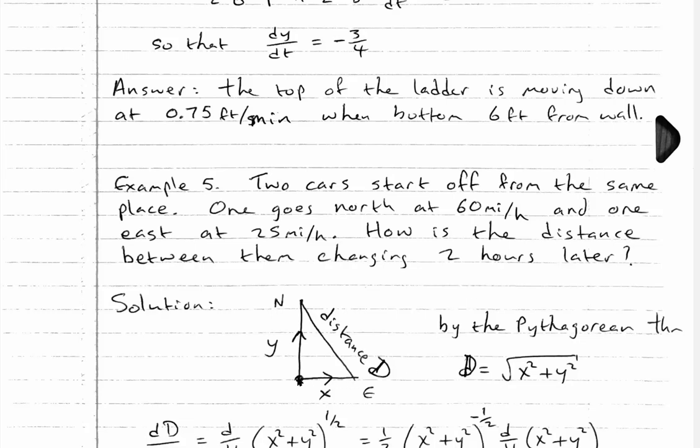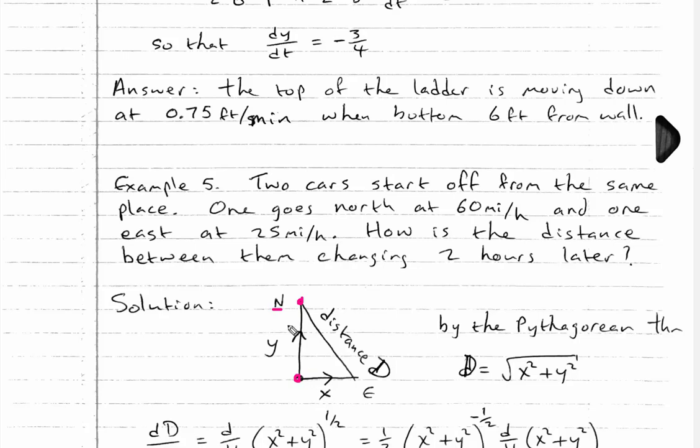So a similar kind of diagram. The two cars start together. This car is moving north. Let's give its position.